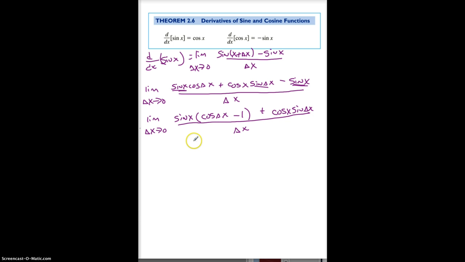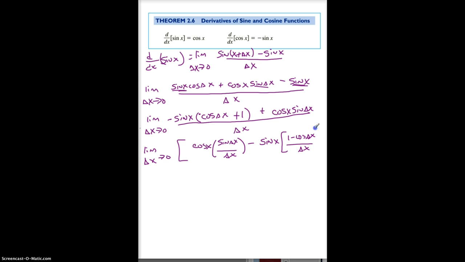Now I'm going to do a little bit more trig here. I'm going to take the limit as delta x goes to 0. And I'm going to switch this around, make that 1 minus cosine and take a negative there. So this is cosine x times sine delta x over delta x, and then it's going to be minus sine of x times 1 minus cosine delta x over delta x.